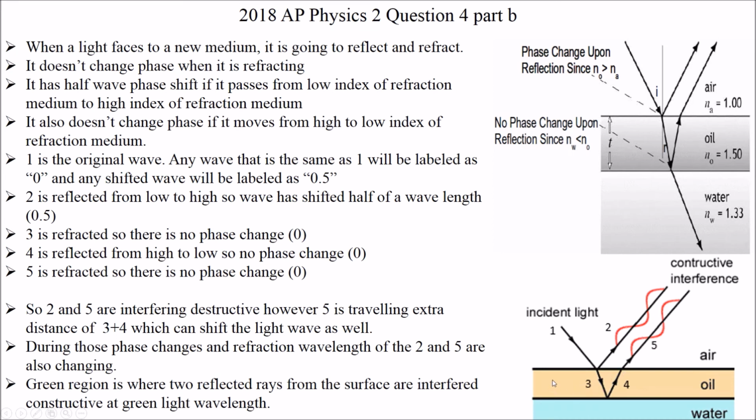So in that case, depending on the thickness of this layer and depending on which reflection rays we are talking about, you can see some region with color, and that is because of that thickness and the way that they are actually interfering.